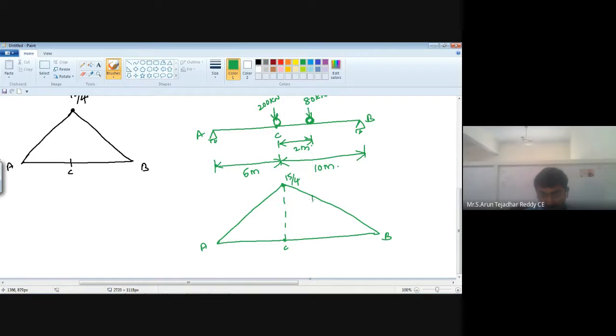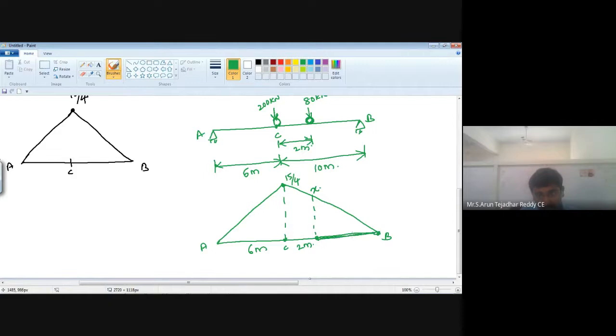So below that draw one line and give x ordinate, because we don't know the ordinate value, and no other loads are acting. See, A to C is 6 meter, and here the load is acting, it is 2 meter. And what about this distance from this point to this point?